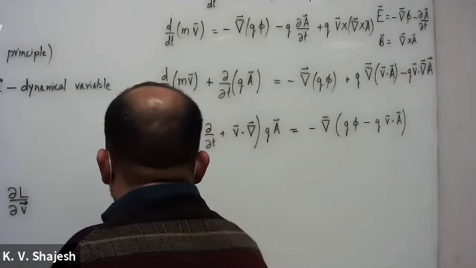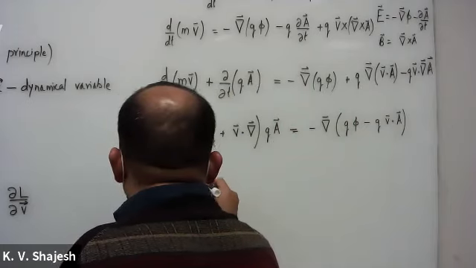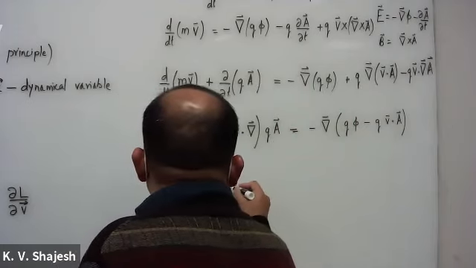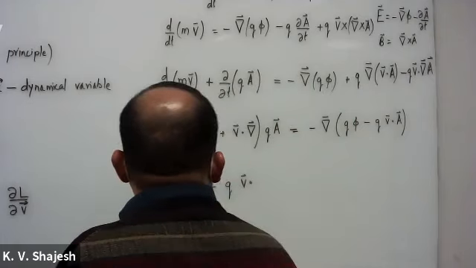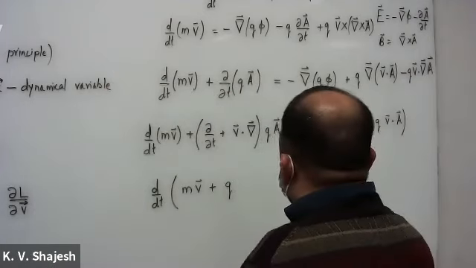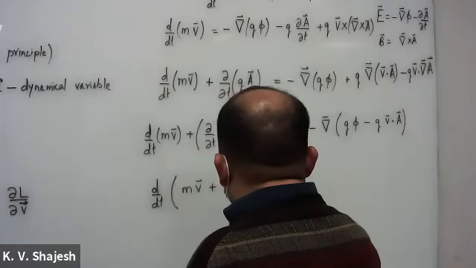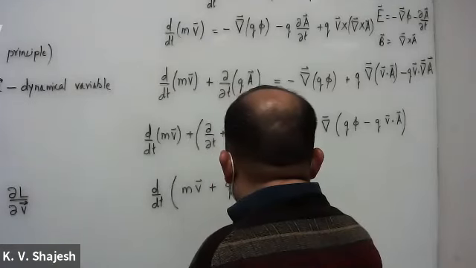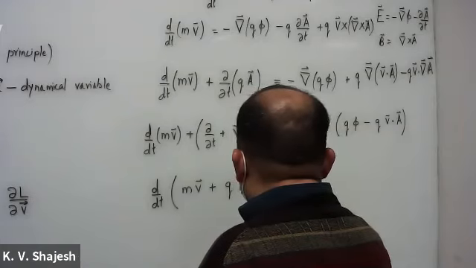So this will be the time derivative of mass times velocity plus q times A, which can have x dependence, and it could have time dependence also.